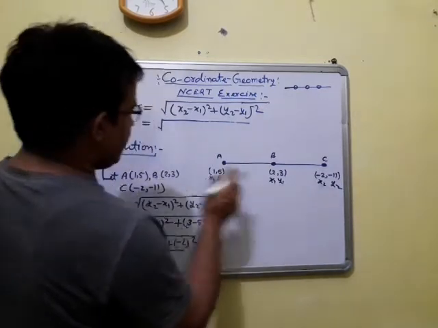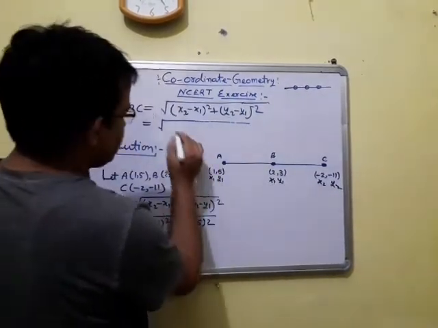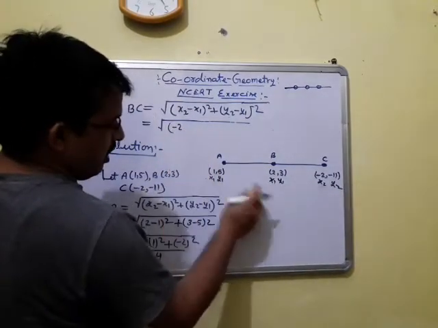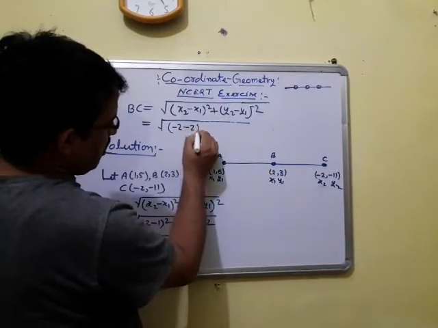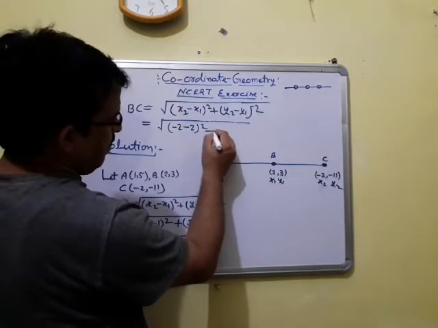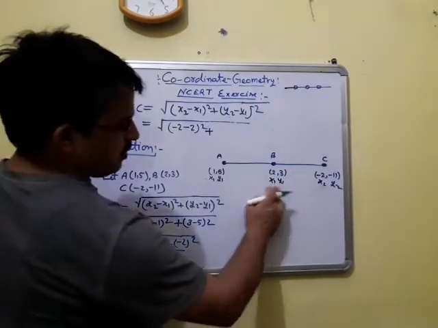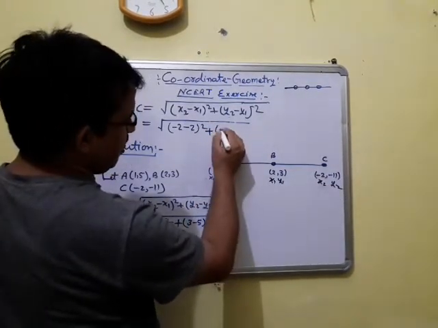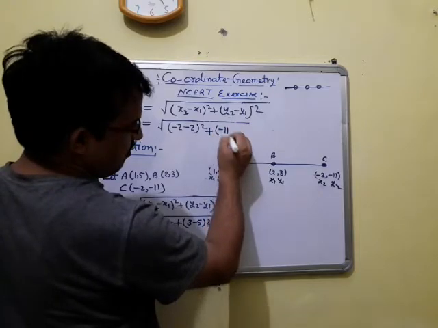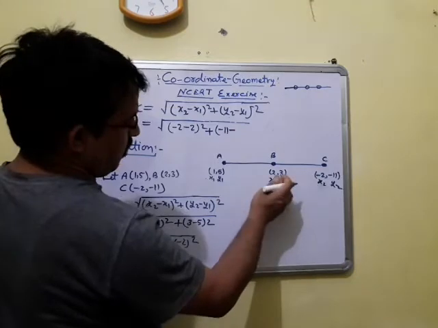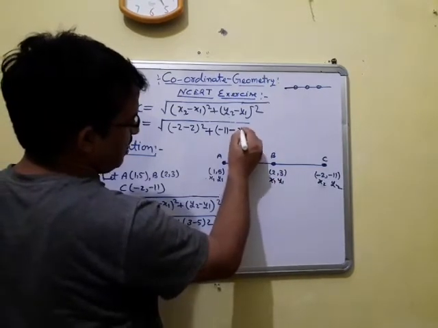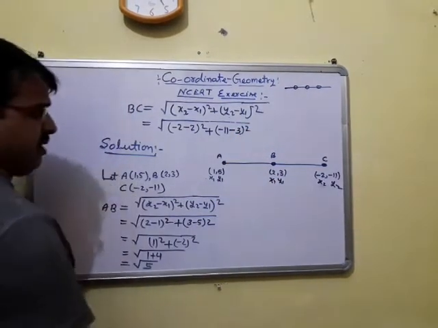So let x2 be equal to minus 2 and x1 equal to 2, whole square, plus y2 here is given as minus 11 and y1 here is minus 3 whole square. Clear?